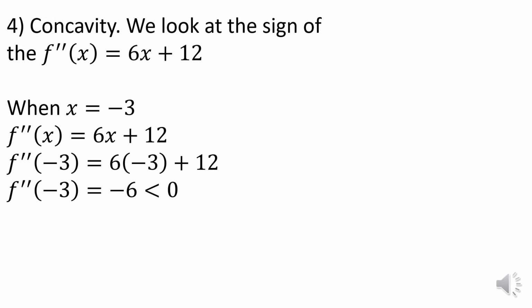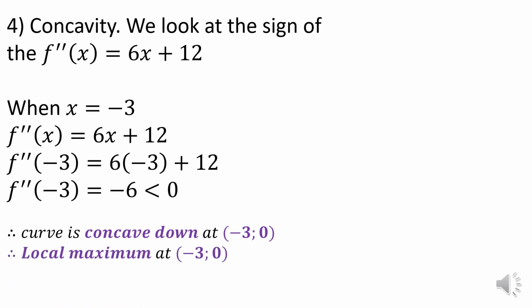Now, remember concavity, you are basically proving where the graph is going up. So it's concave up or concave down. Now, when the value is less than 0, that means that it is concave down at minus 3 and 0. And that tells me that it's a local maximum at minus 3 and 0. Okay?